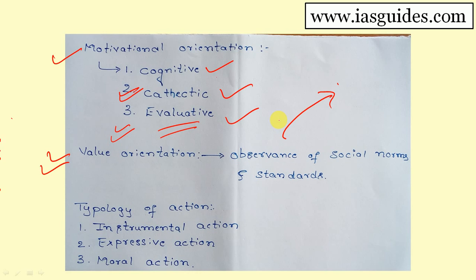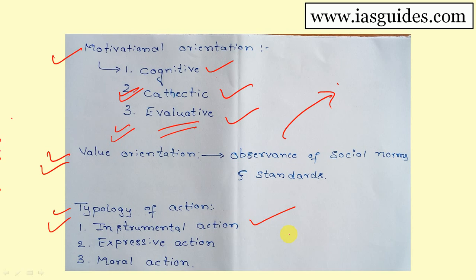After explaining all these things, he also tells that there are many typologies of actions in a social system. He tells that the first typology of action is instrumental action. Instrumental action, according to Talcott Parsons, relates to the achievement of a goal. It is equated with Weber's rational action.